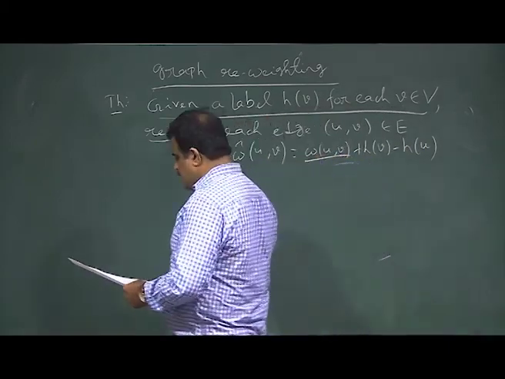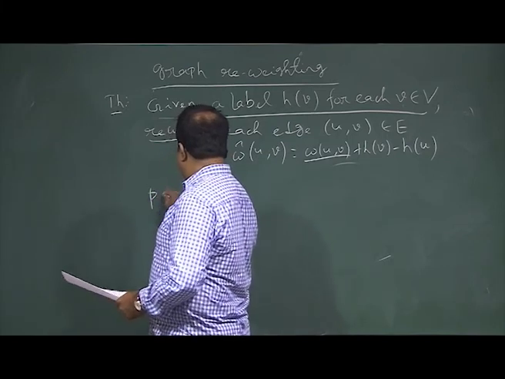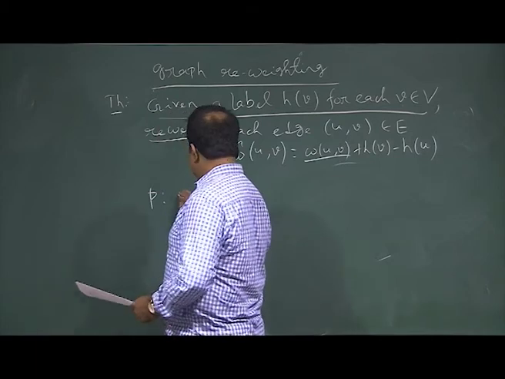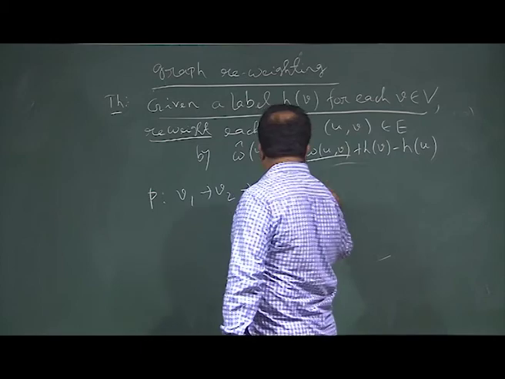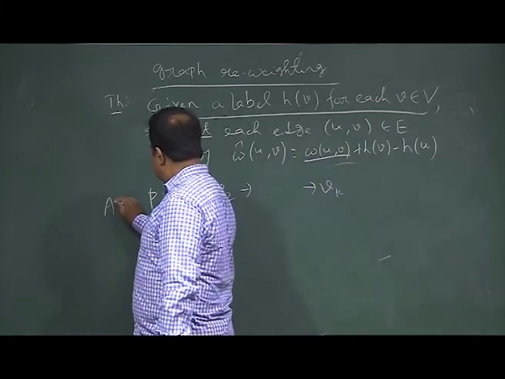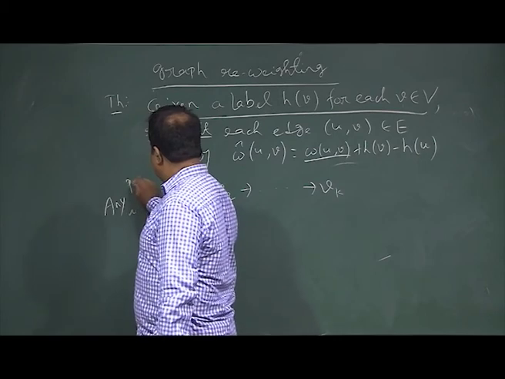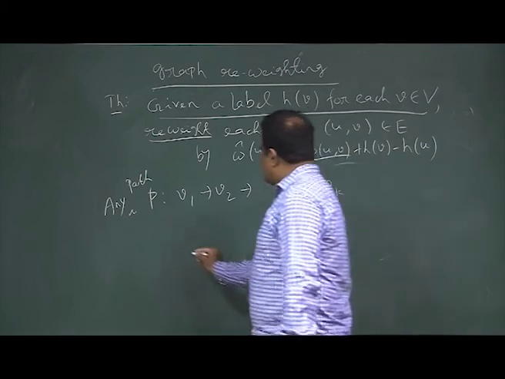If we do that, then suppose we have a path p from v1 to vk. Suppose we have any path p. Now, what is the weight of this path?